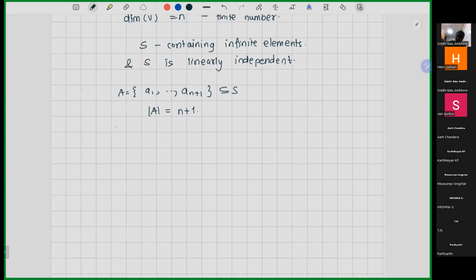And if A is not linearly independent, then its superset cannot be linearly independent. So S is in fact not linearly independent.